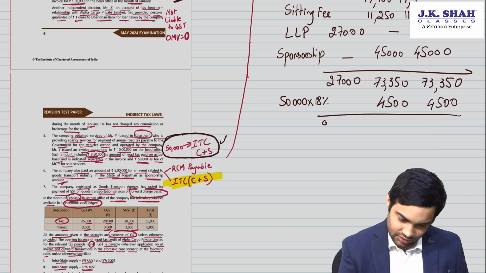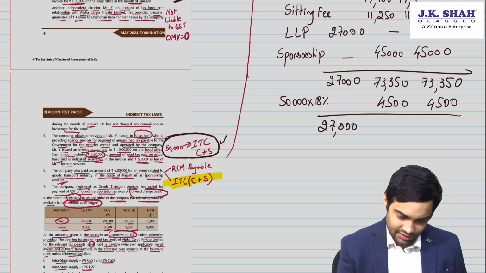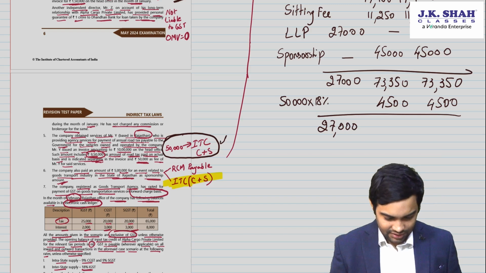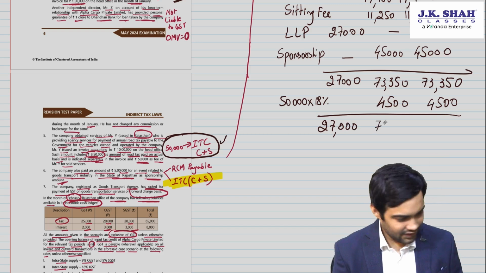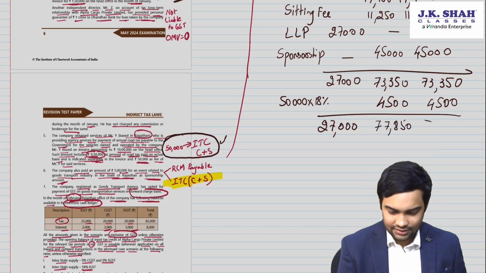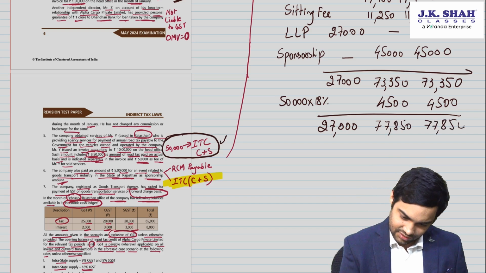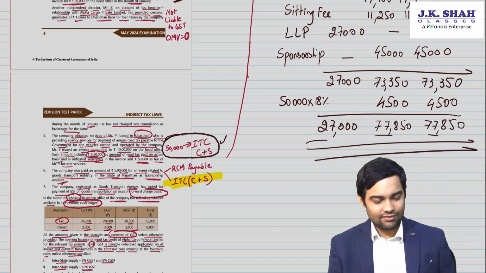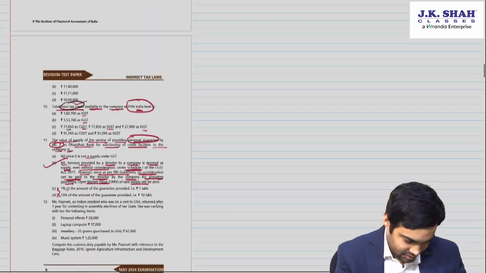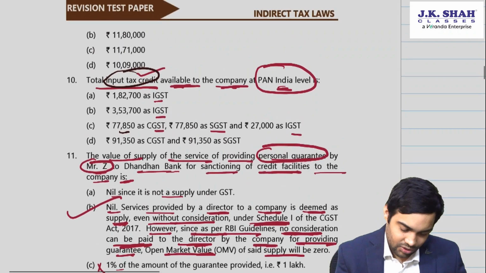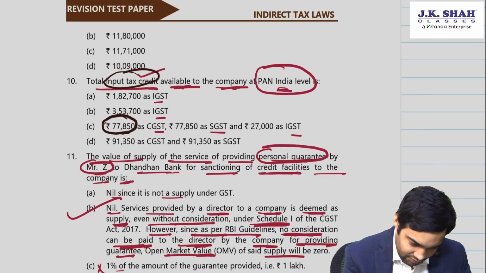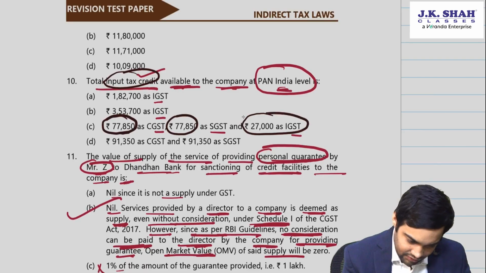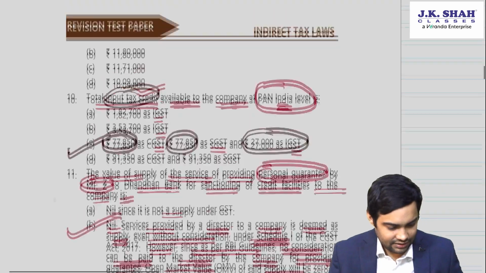Sometimes when you are closer to the options, missing a particular detail is possible. 77,850, 77,850. So the final answer would be 27,000 IGST, 77,850 CGST, 77,850 SGST. So our ITC computation, this would be the answer.